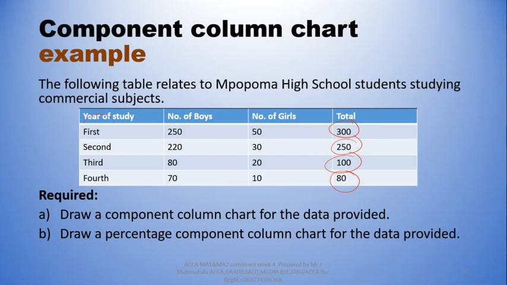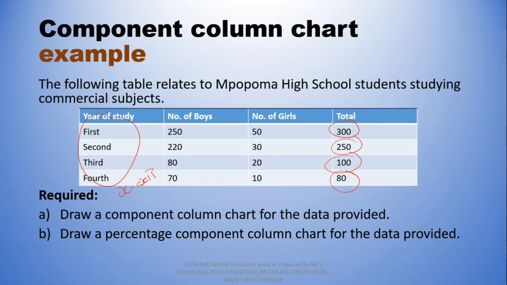So this information is the x-axis. That is independent information, those are independent variables. The year of study is an independent variable, but the number of students in a particular year is dependent on that year.